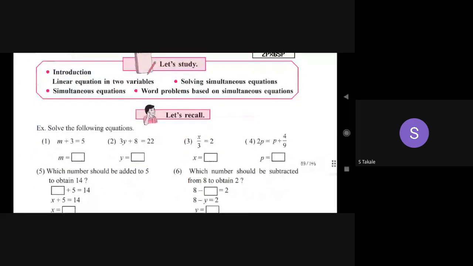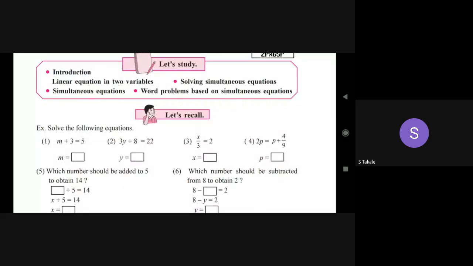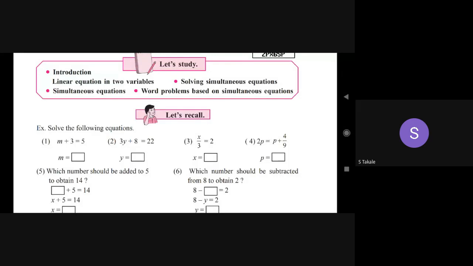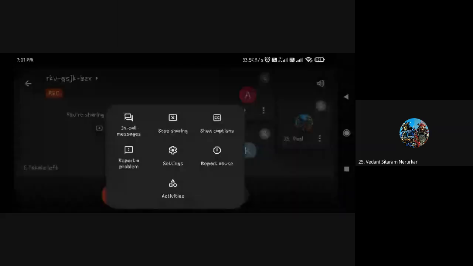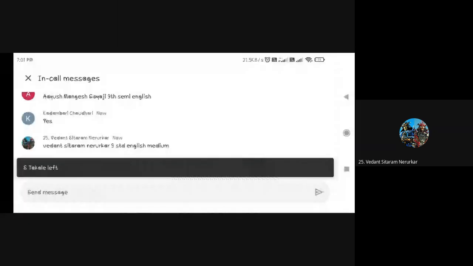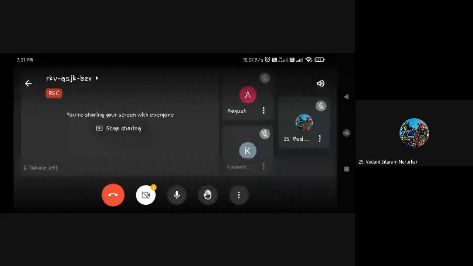I'm exiting from one account so that my screen will be visible to you. Just a moment, let me check. How many are there? Three students are there. Right.